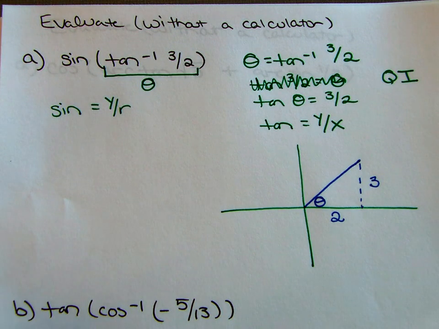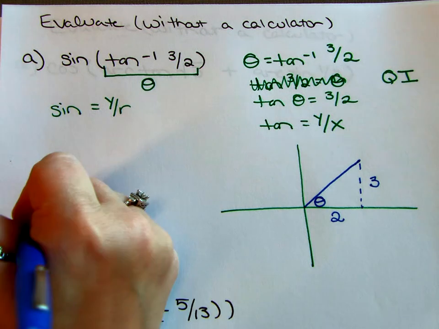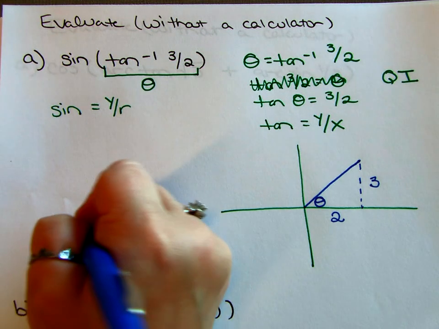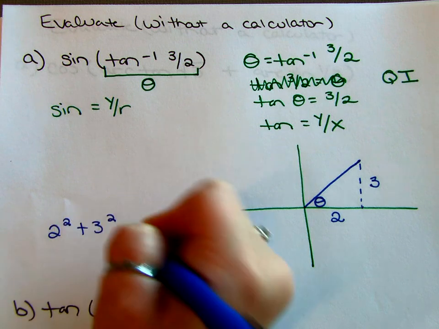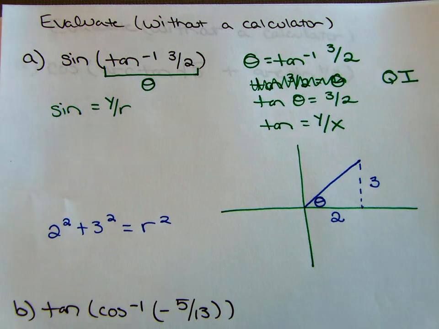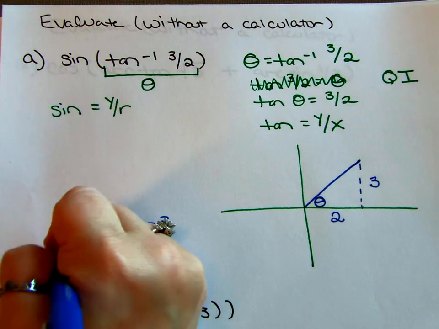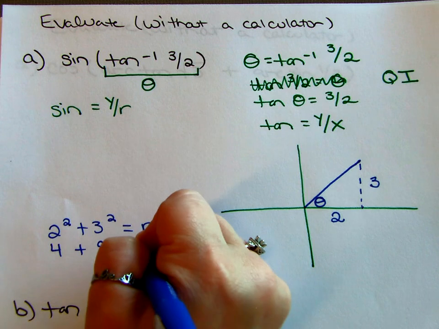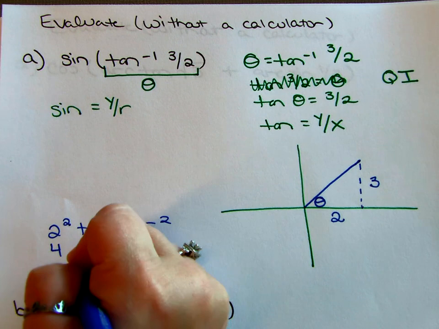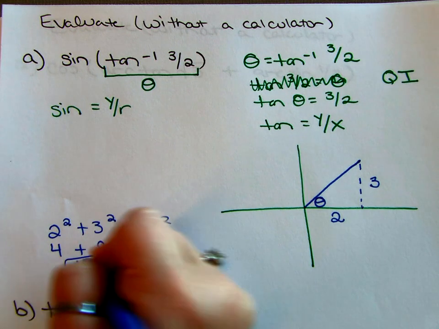Pythagorean theorem. That's exactly right. We're going to have x squared plus y squared equals r squared. 4 plus 9 equals r squared. Square root of 13 equals r.